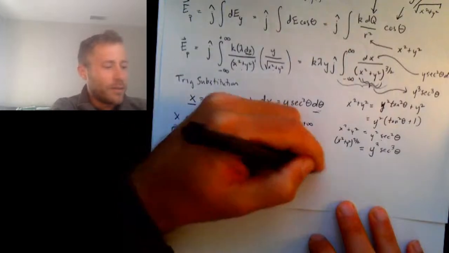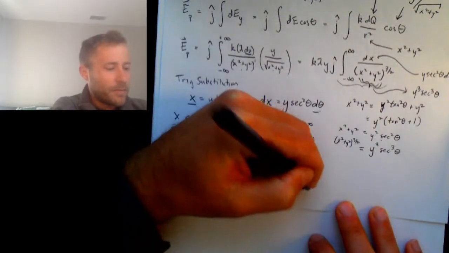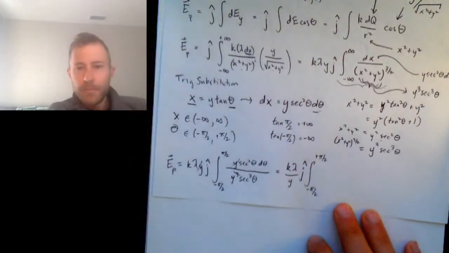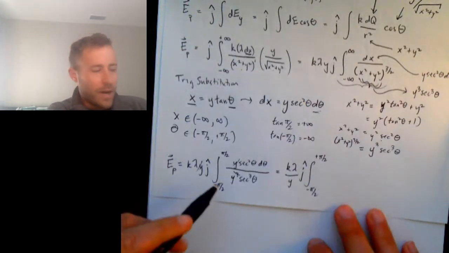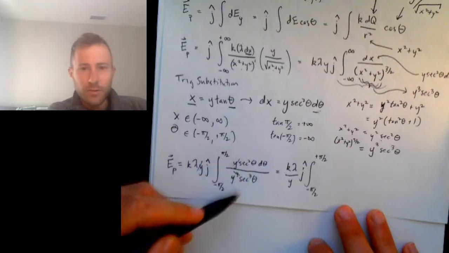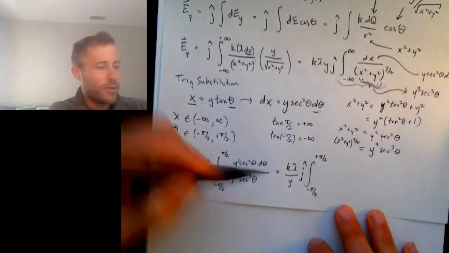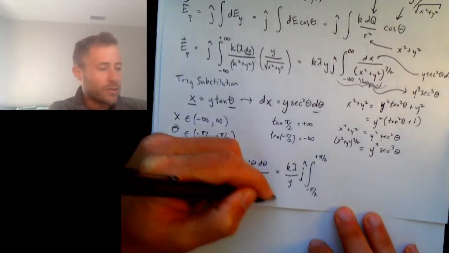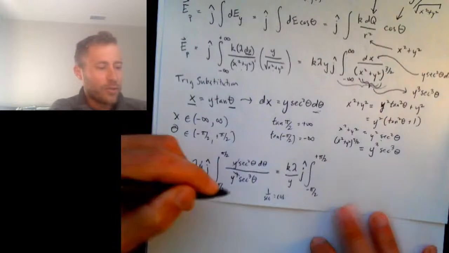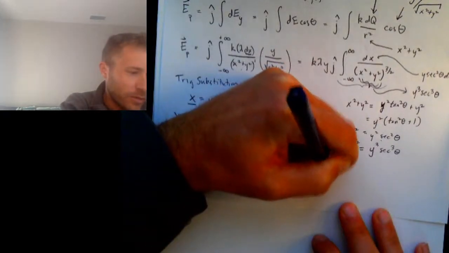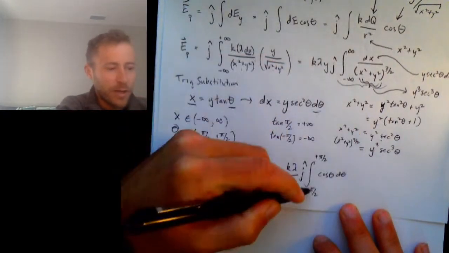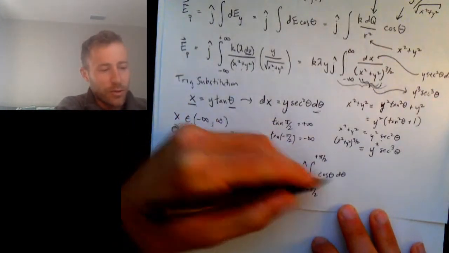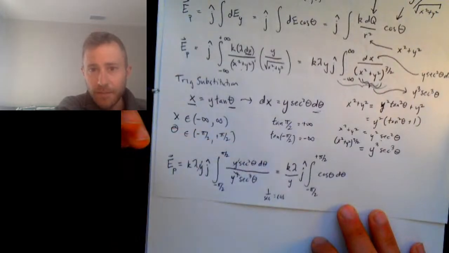And then you have secant squared divided by secant cubed. So that's going to be 1 over secant. But 1 over secant is just cosine. So this is really the integral of cosine of theta d theta from negative pi over 2 to plus pi over 2. And so the integral of cosine is sine.